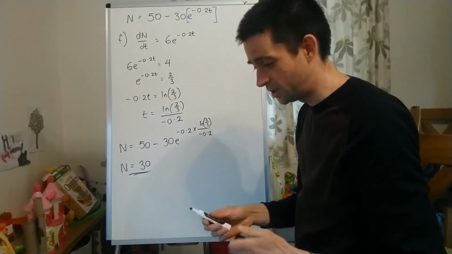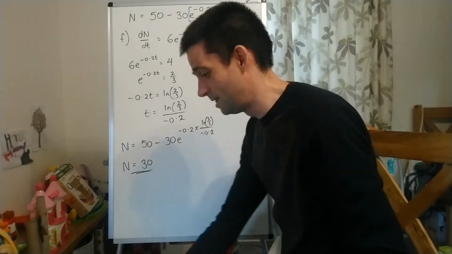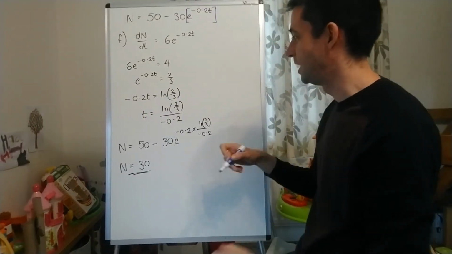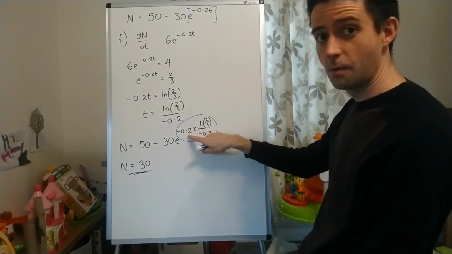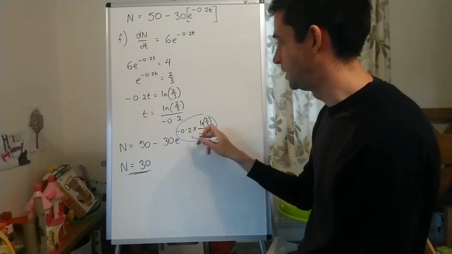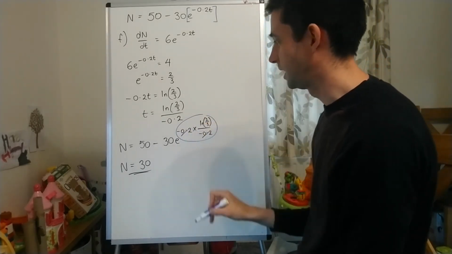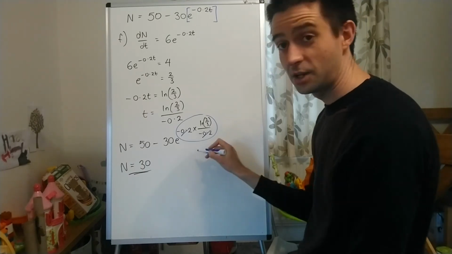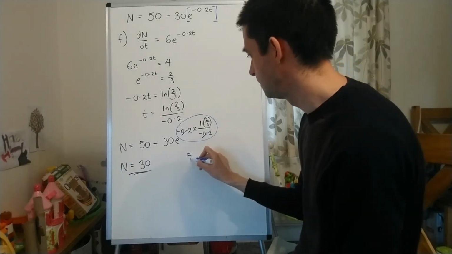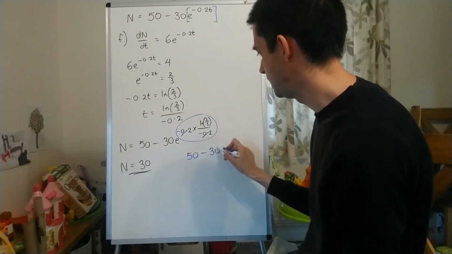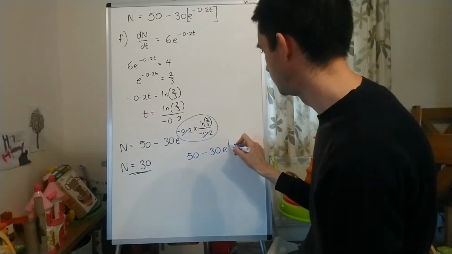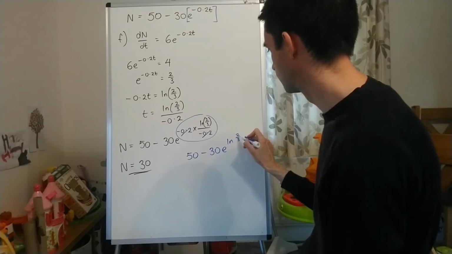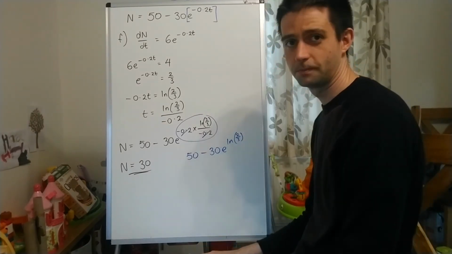For anyone that's interested, I'll do it in blue. It's rather beautiful why this works, actually. If you look at this bit here, negative 0.2 times by negative 0.2 is going to cancel out. So what you actually end up with is 50 minus 30e, because the negative 0.2s have cancelled out, I've got ln of 2/3.